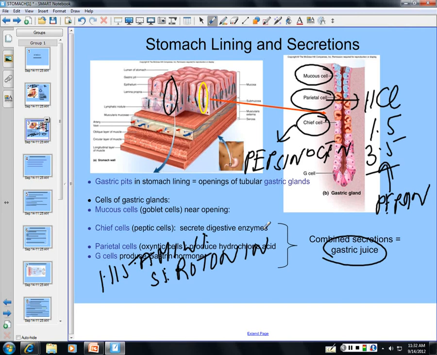For example, gastrin, you can barely see it out here. Gastrin is produced by a special type of enteroendocrine cells called G cells. We'll talk about what the gastrin hormone does. Remember, gastrin is a stomach hormone.